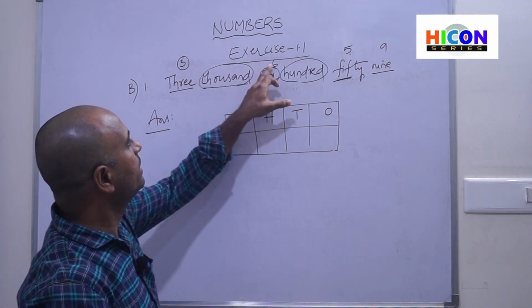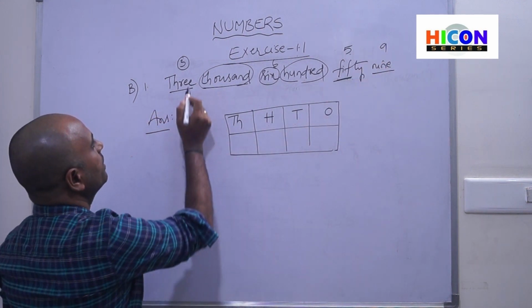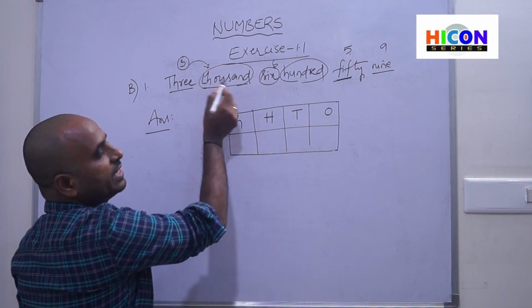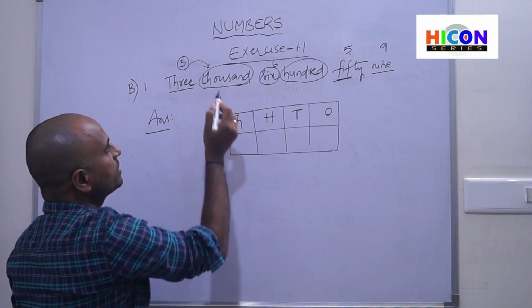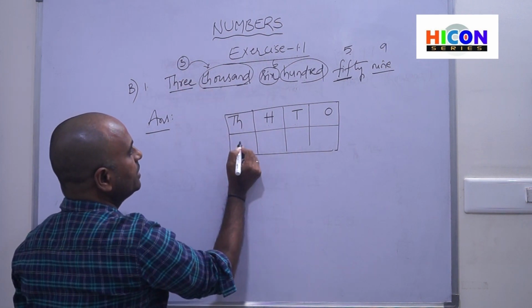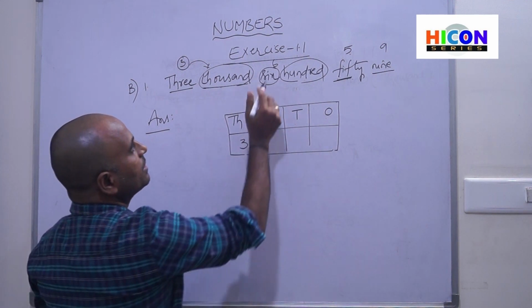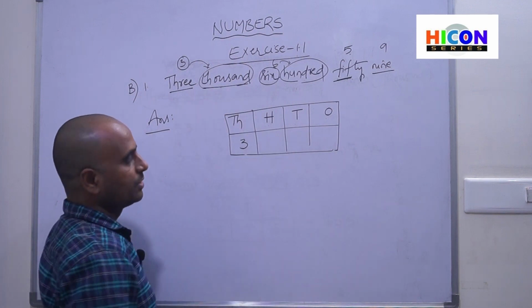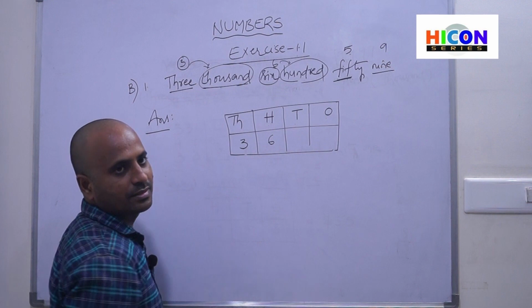Now insert these digits in the places. 3 is present in thousands place, so insert the digit 3 under thousands place. Next, 6 is present in hundreds place, so insert the digit 6 in hundreds place.